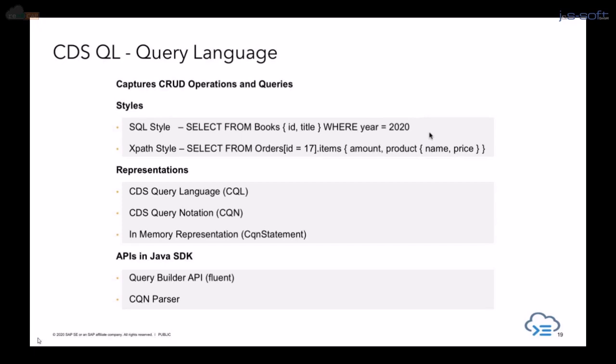But CDSQL queries can also have an XPath style where you work with infix filters and path expressions, and this makes CDSQL very powerful because this XPath style corresponds very nicely to what you find in OData URIs, whereas the SQL style corresponds very nicely to what you find on a relational database.